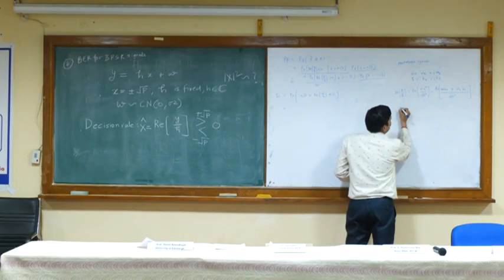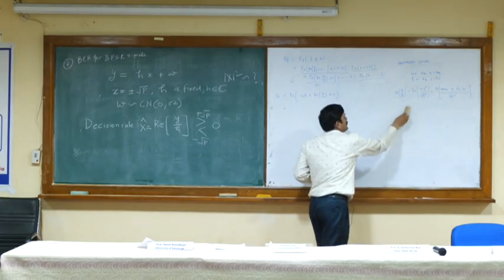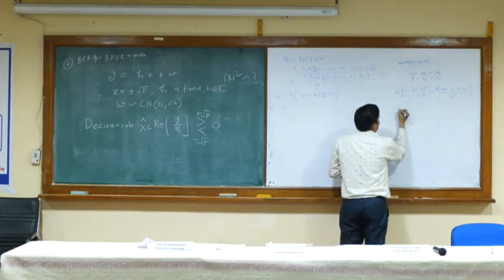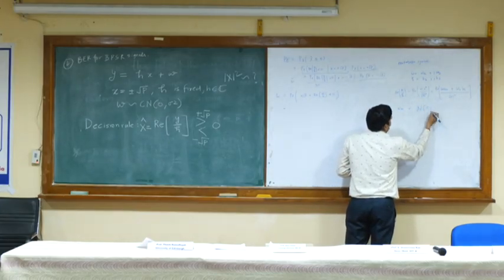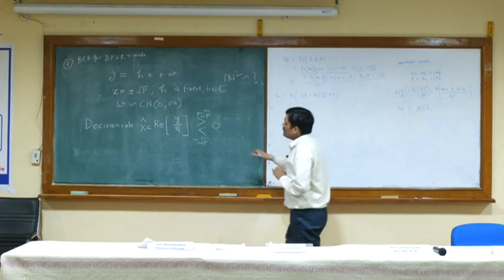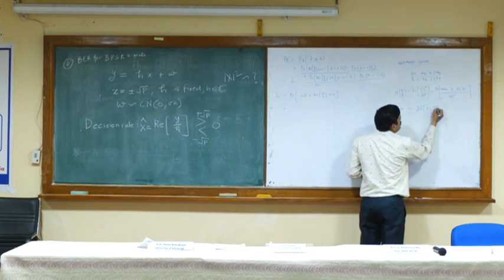Now we have WR distributed as normal, 0 mean. So this is sigma square, so this real part will have variance sigma square divided by 2.